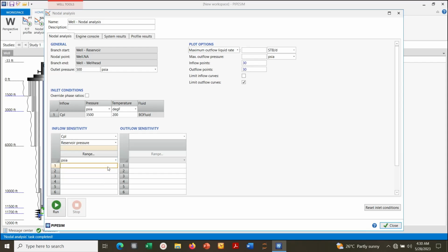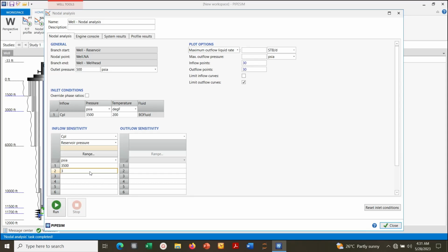The present reservoir pressure is 3,500 psi, and we want to know what will be the flow rate of this well when the reservoir pressure drops to maybe 3,000 psi.